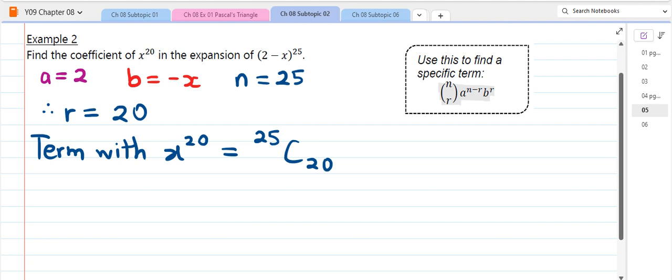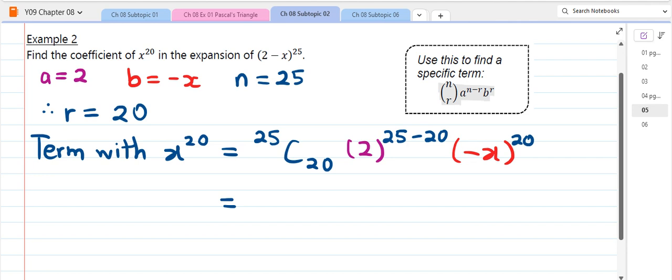Your a is 2, to the power of n minus r. So n minus r is 25 minus 20, which is 5. And your b is negative x to the power of 20. There you have it.